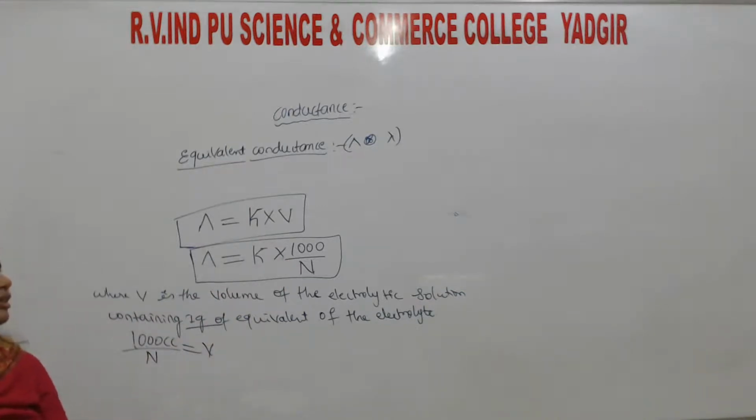Here the unit of equivalent conductance is Siemens square per equivalent.